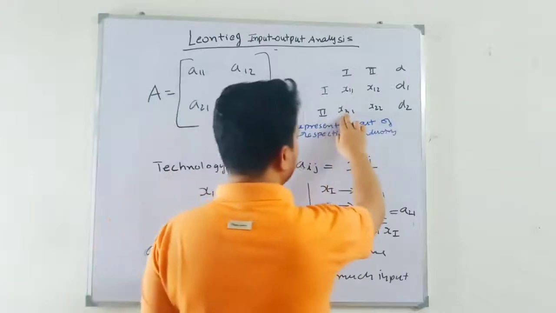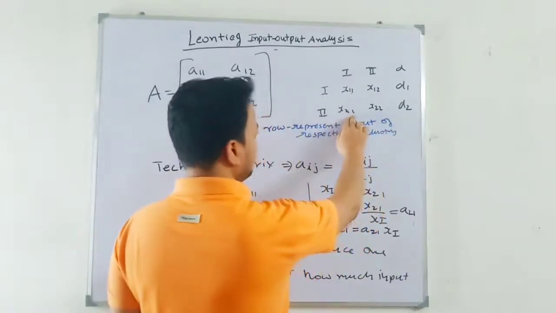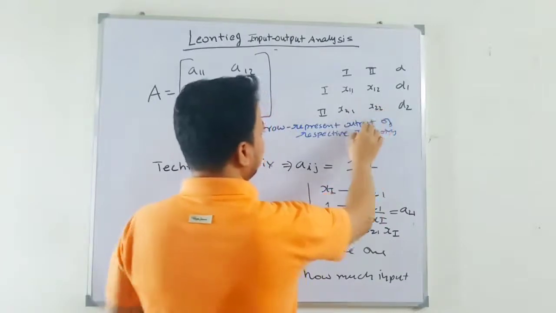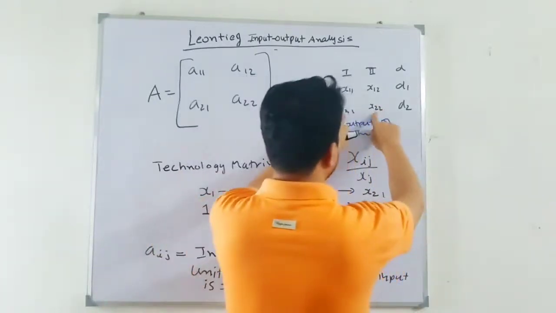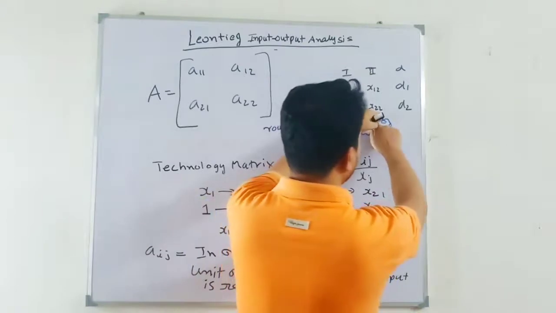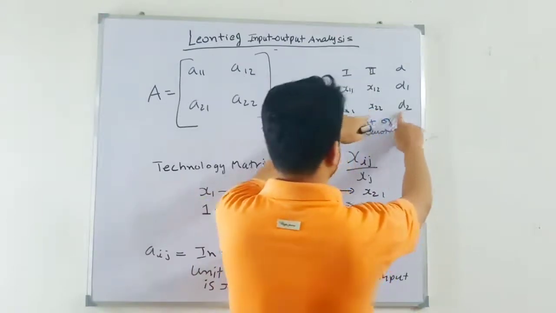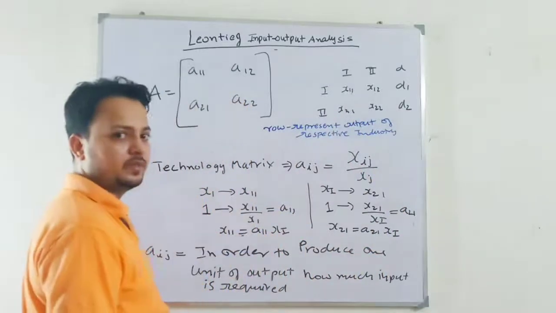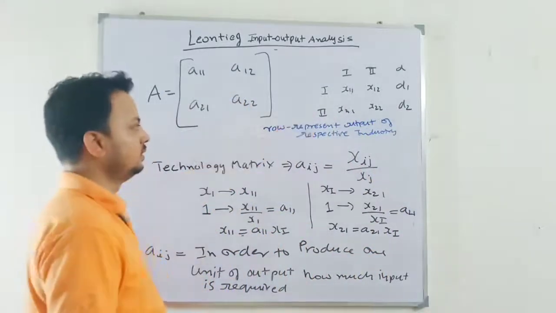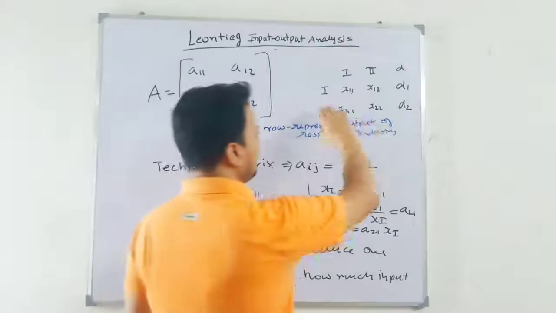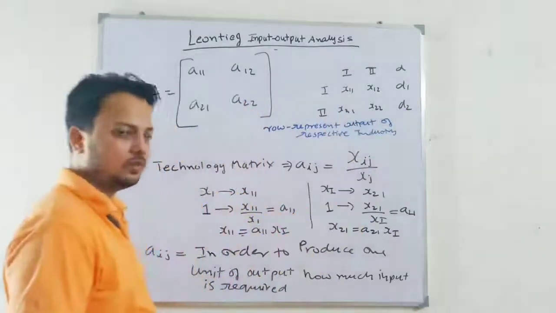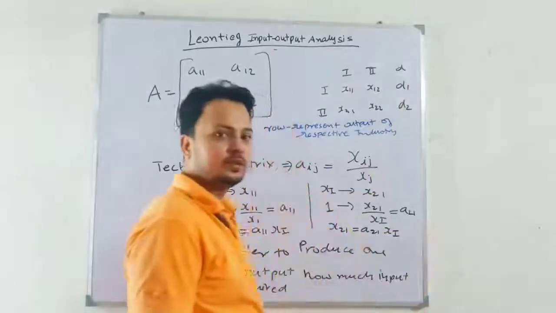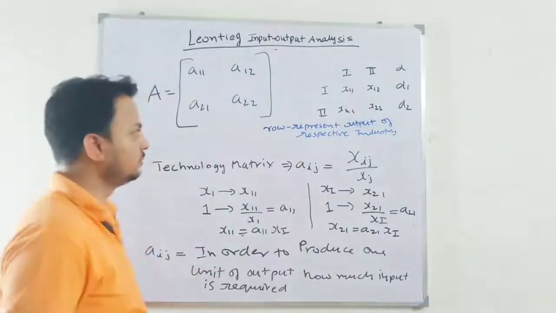Output of second industry used by first industry, output of second industry used by second industry, and this is external demand. This forms part of the output of first industry or second industry. So row represents output of respective industry. And when your final demand is 0, we are in a closed model.